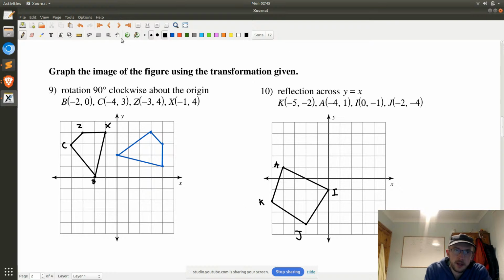And that has to be reflected across the line y equals x. There we go. There, and K.